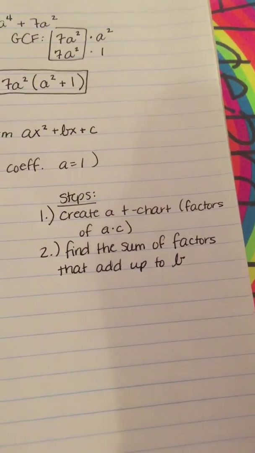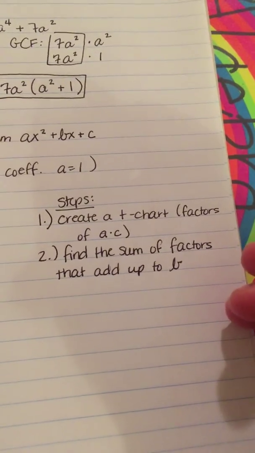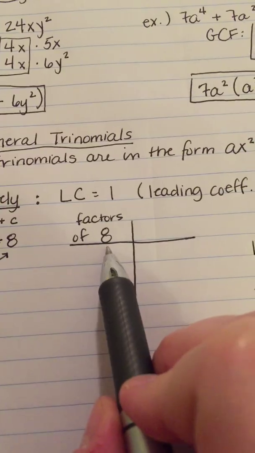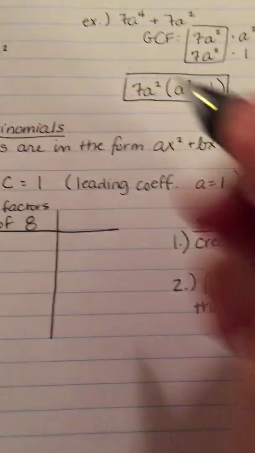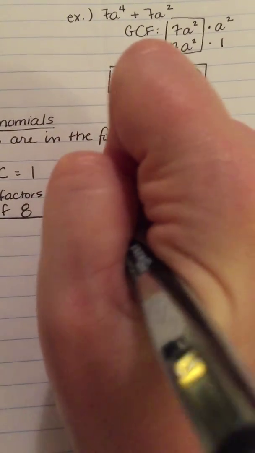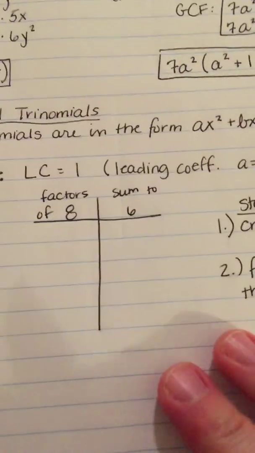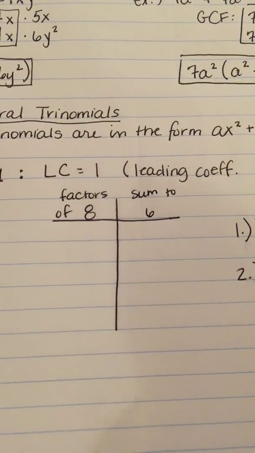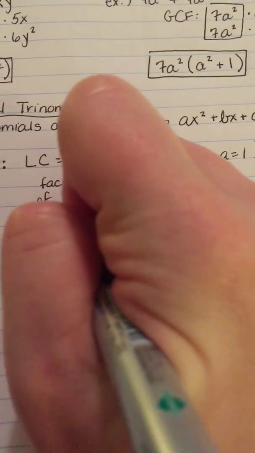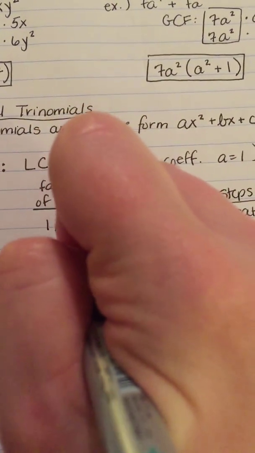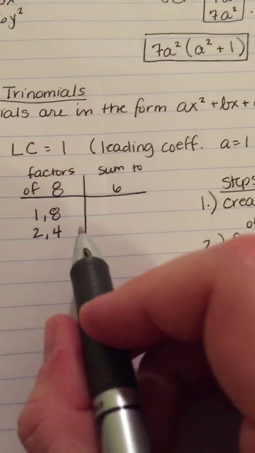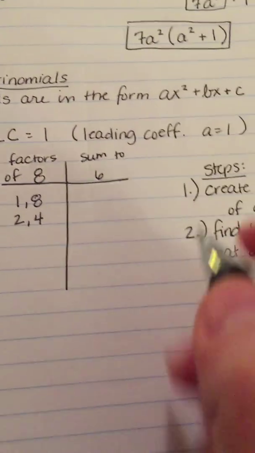So whatever number is that second term, I'm going to figure out what numbers I can multiply to get 8 that, when I add them, will become 6. For example, the factors of 8, let's see, are 1 and 8, 2 and 4.